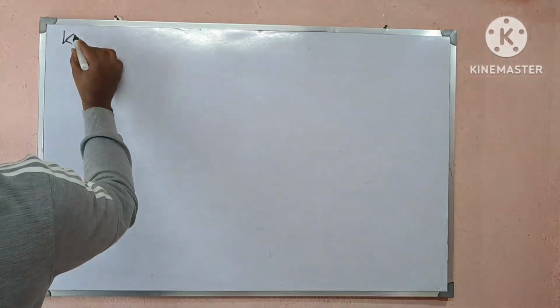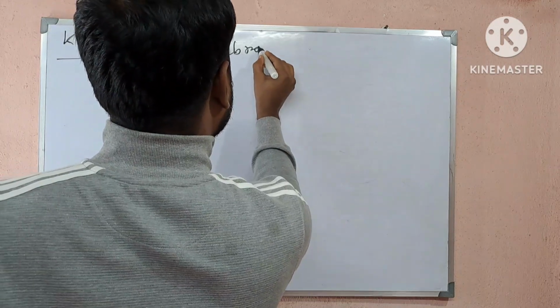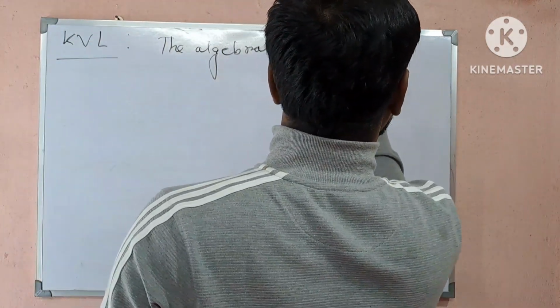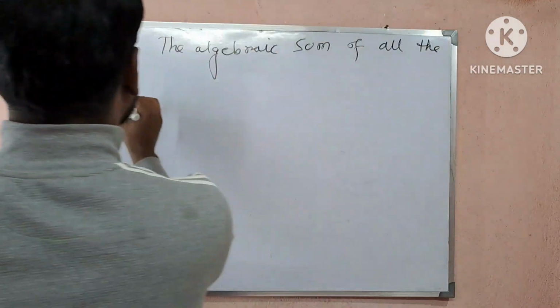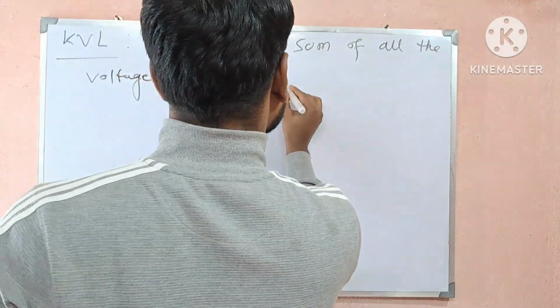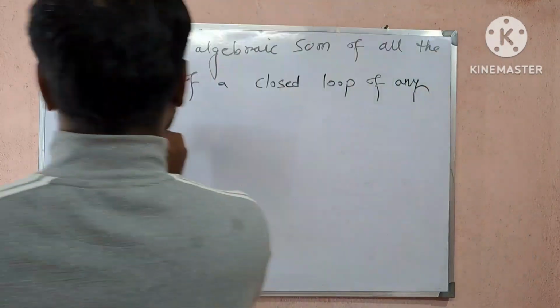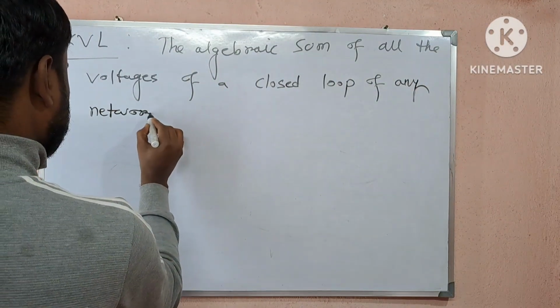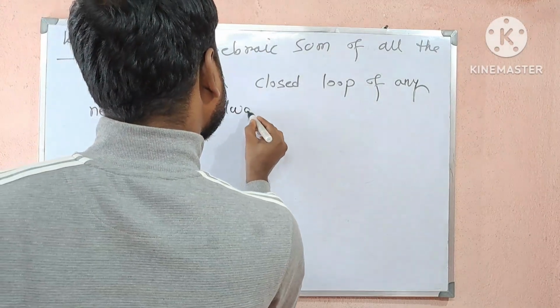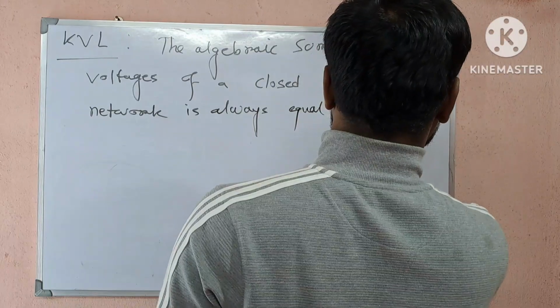Now we will learn KVL. What is KVL? Actually, Kirchhoff's voltage law. So according to KVL, the algebraic sum of all the voltages of a closed loop of any network is always equal to 0.